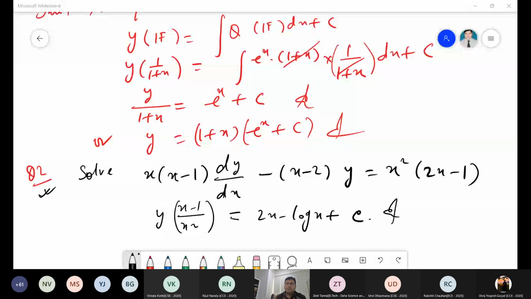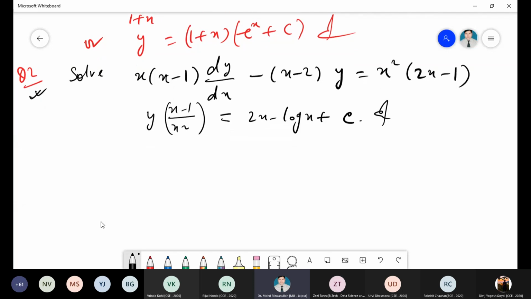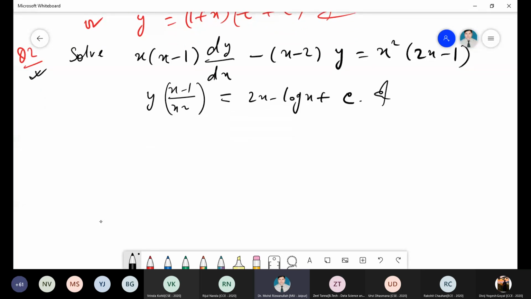I'm going to solve this question. Now see, very simple. The simple way that you can solve. Okay, the solution: now come to the solution part.